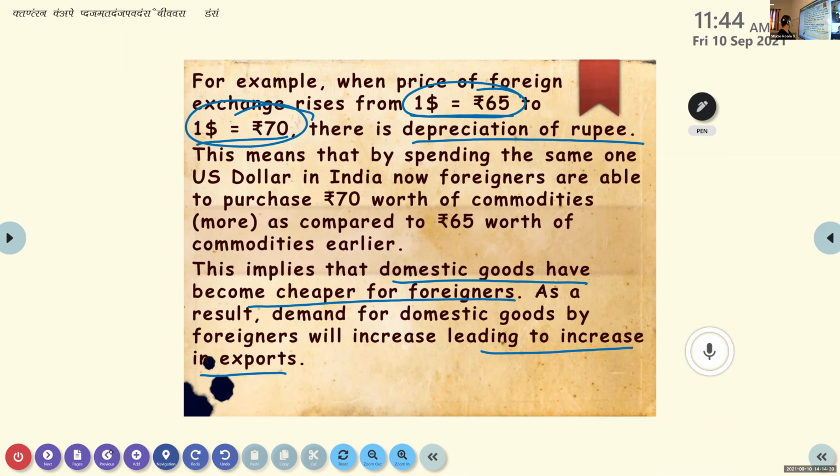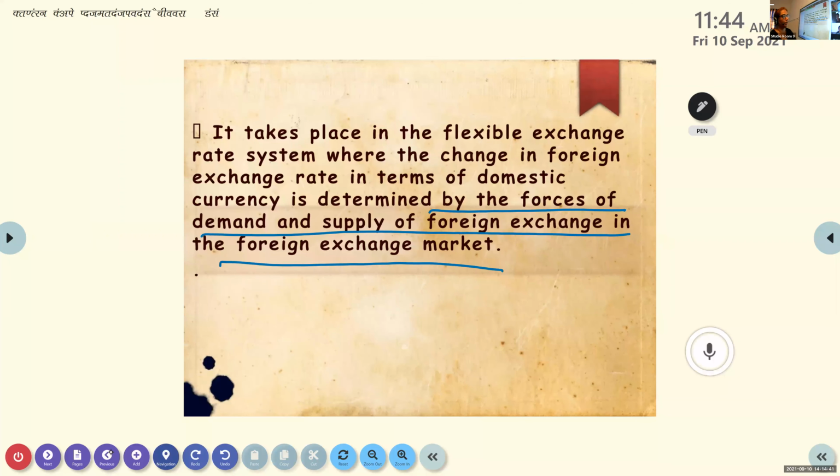And what do you mean by devaluation, Aditya? Decreasing the value of domestic currency by the government. Why do we do that?